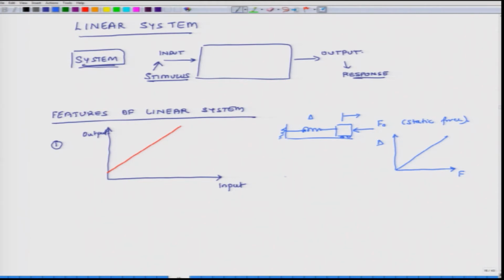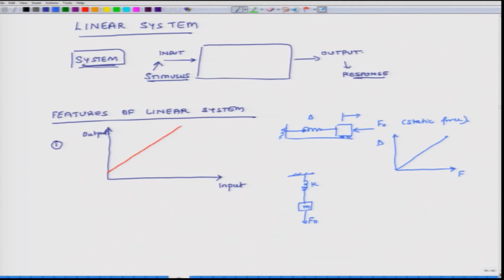Another example would be the same thing, but there is a mass, there is a stiffness, and I am also applying a force.